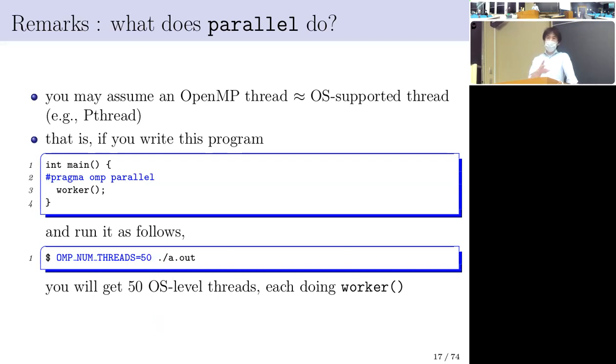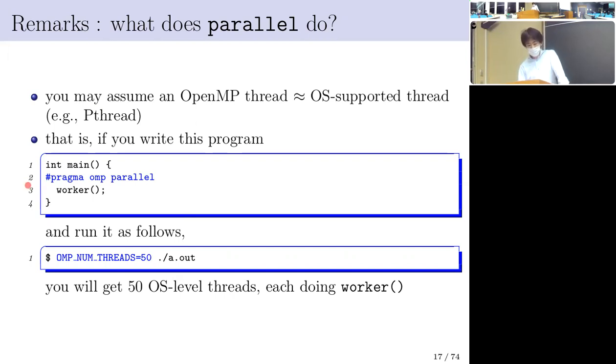So it has some performance implications. It suggests the correct way you are supposed to use this parallel pragma. The main thing is, even if you think you have, for example, 1,000 units of work, you don't actually want to create 1,000 OpenMP threads, because each of them corresponds to an OS-level thread, and normally you don't want to create as many as 1,000 OS-level threads on a machine that has only, for example, dozens of cores.